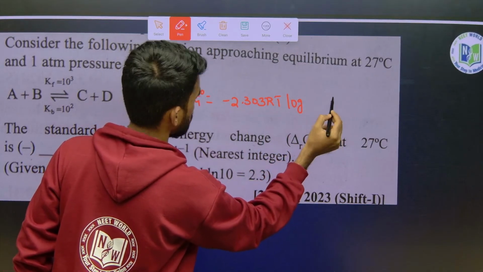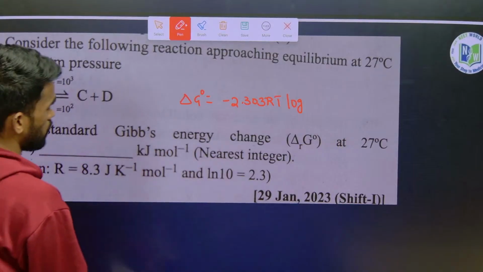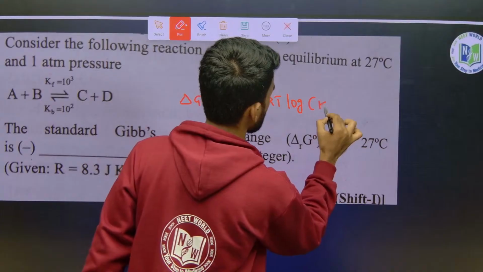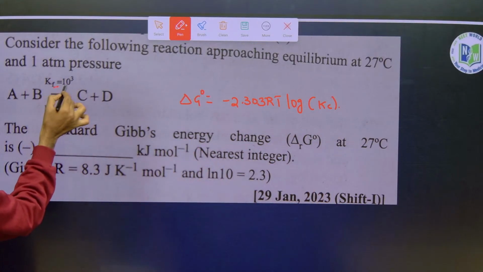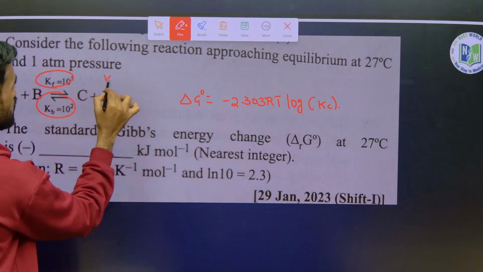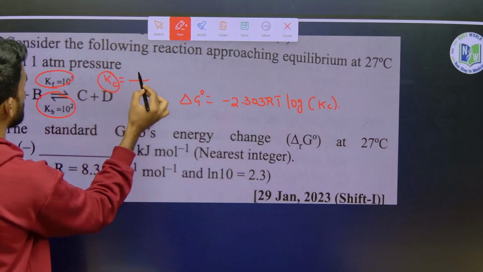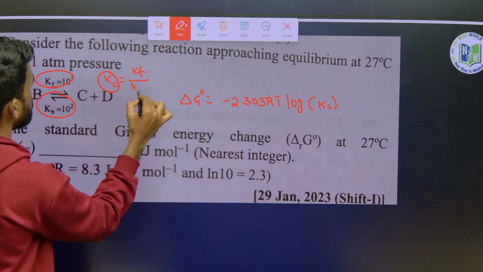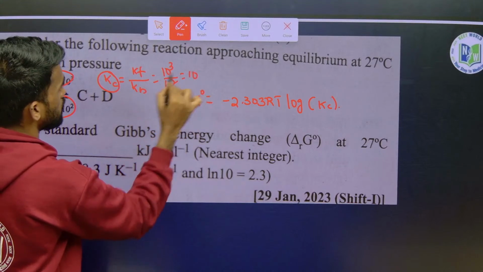So what is the value they have given? Kc, the equilibrium constant, equals K forward by K backward. So that is 10 power 3 by 10 power 2, so it is 10.